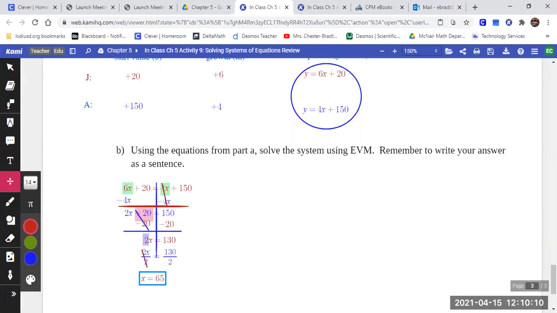What did it say the x stood for? Read the story. It tells you.